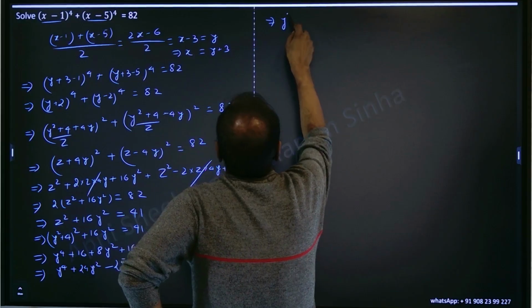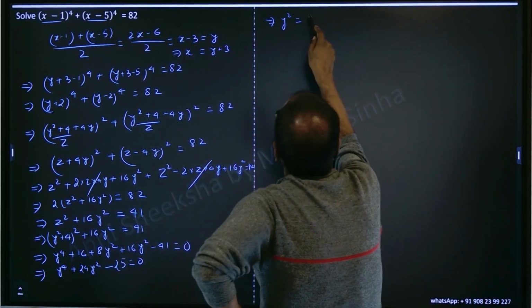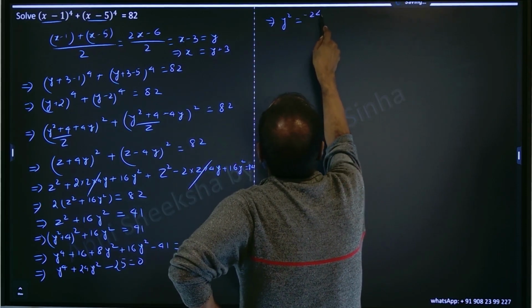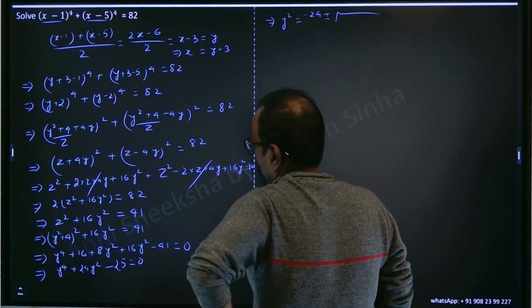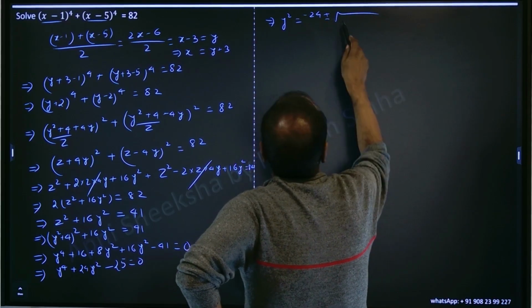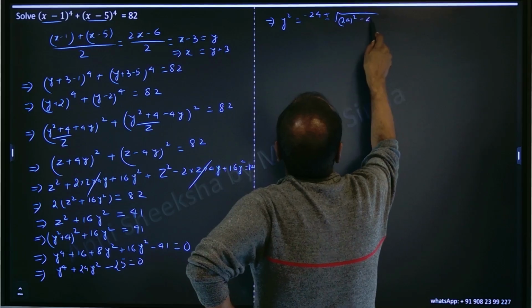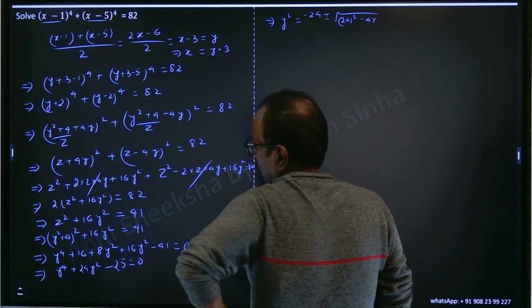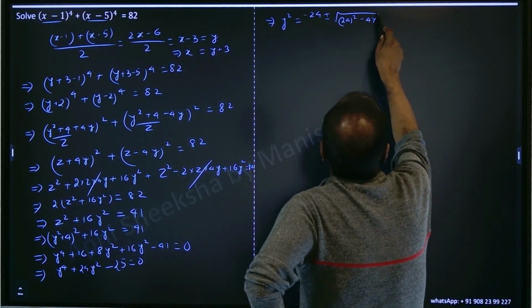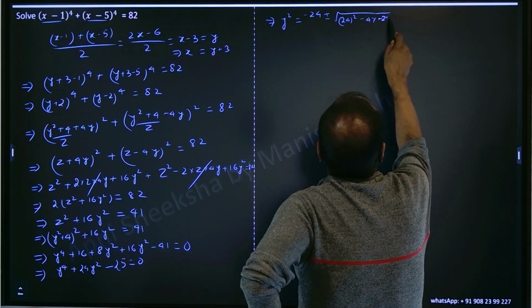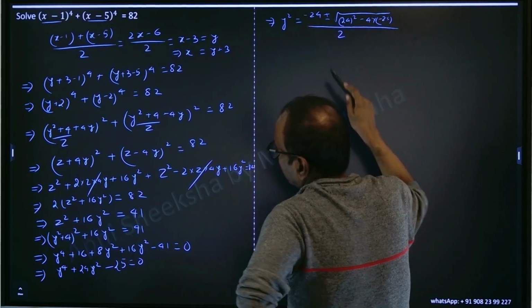So y square you will be getting as minus 24 plus minus the square root of 24 square minus 4 into 1 into minus 25, divided by 2 into 1.